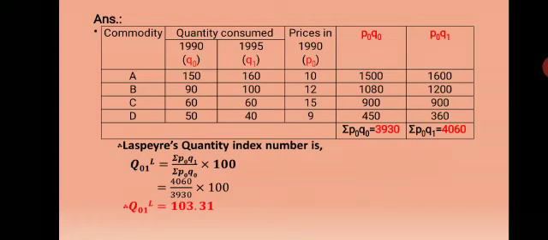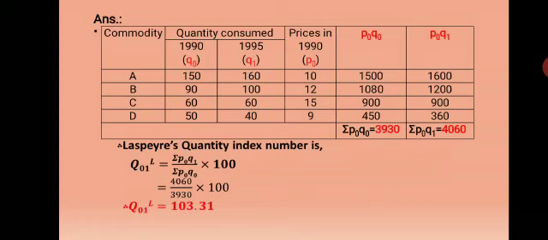Then 9 into 50 is 450. Then we add all these values and get summation P0 Q0 as 3930. Then we need to find P0 into Q1.